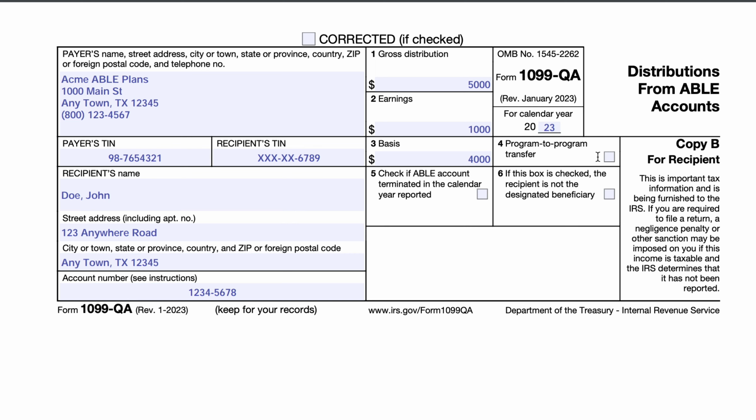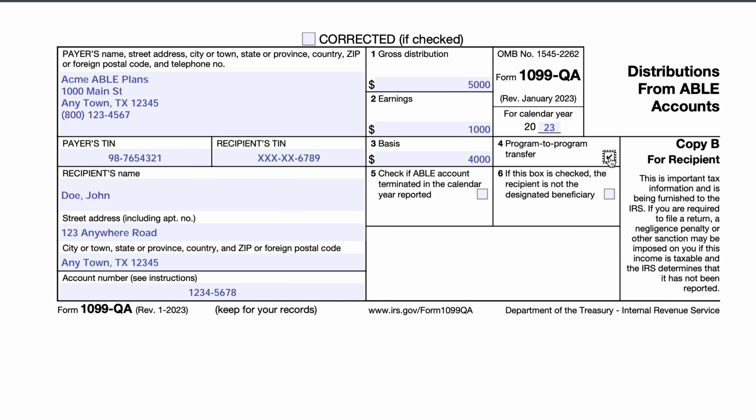So let's say this box is checked, box 4. This simply means that it was transferred from one program to another, from one ABLE account to a different ABLE account for any number of reasons. But generally, if this is a program-to-program transfer, this would also be considered a direct transfer as opposed to a rollover where a beneficiary would take money out of the account, then transfer it to another account within 60 days to keep that from becoming a possibly taxable event.